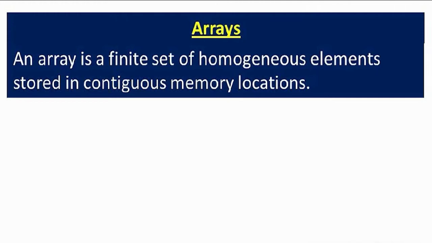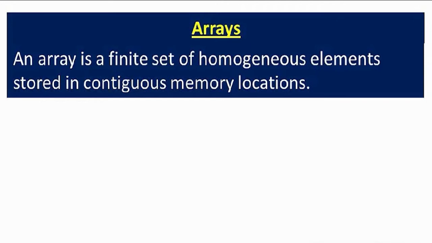Now see, what do we mean by homogeneous? Homogeneous means the elements which belong to the same data type. What I mean to say is, it's a set of values and all those values should belong to the same data type. If the array happens to be of int data type, all the elements should be int.